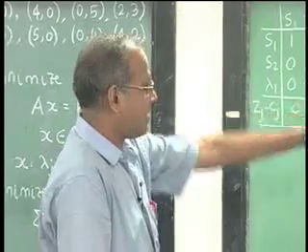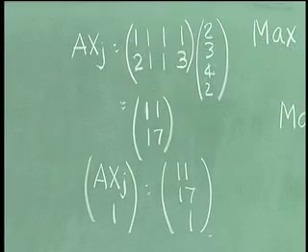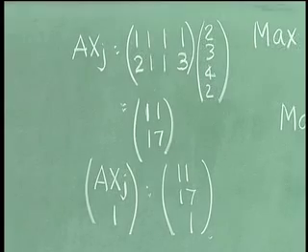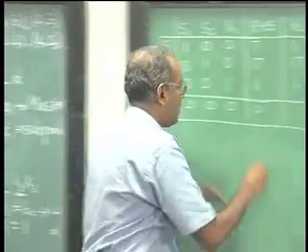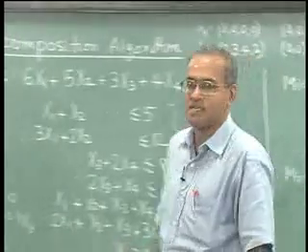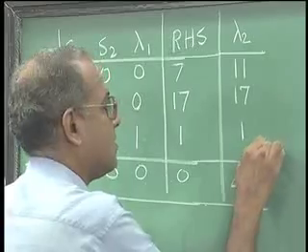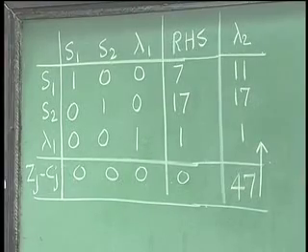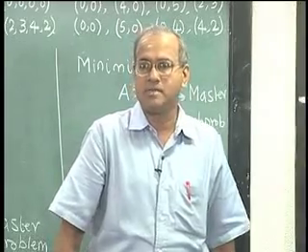Now, we have found out the entering column which is P bar j. So, we just write the entering column here. This is our lambda 2, which is 11, 17 and 1 with value equal to 47, because the positive Zj minus Cj will enter the basis. So, lambda 2 with 11, 17 and 1 enters the basis.